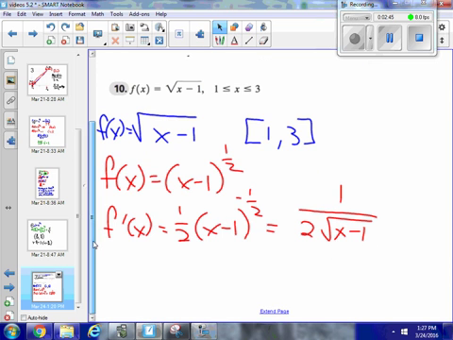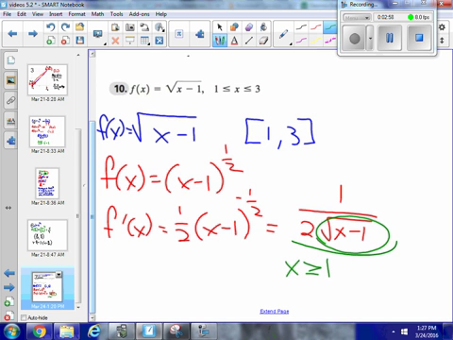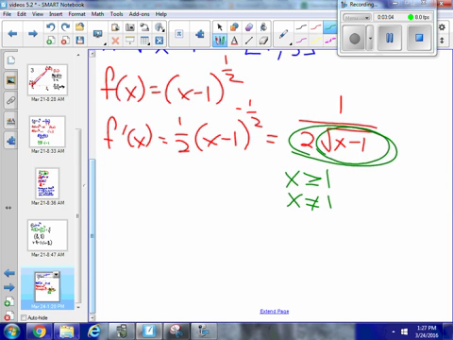Looking at the domain of that, I'm going to have the same thing with the radical sign, where x has to be greater than or equal to 1. But also, this is in the denominator, so x cannot be equal to 1. So my domain for the derivative is 1 to infinity.